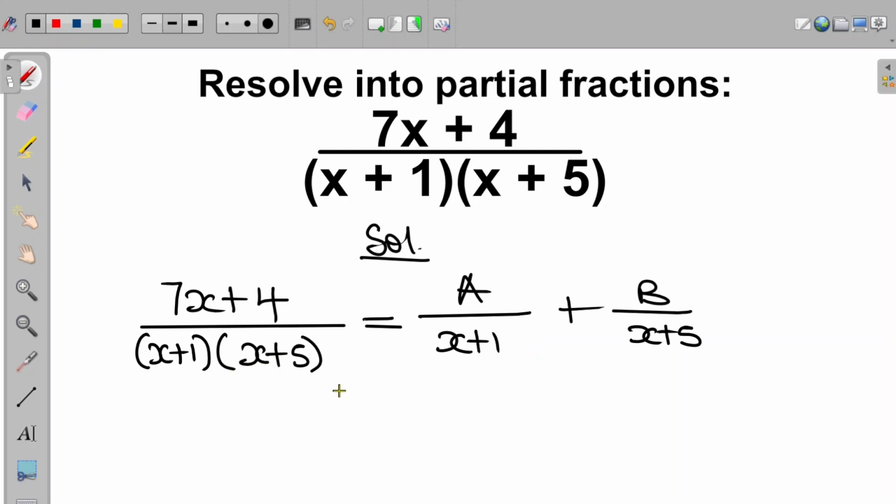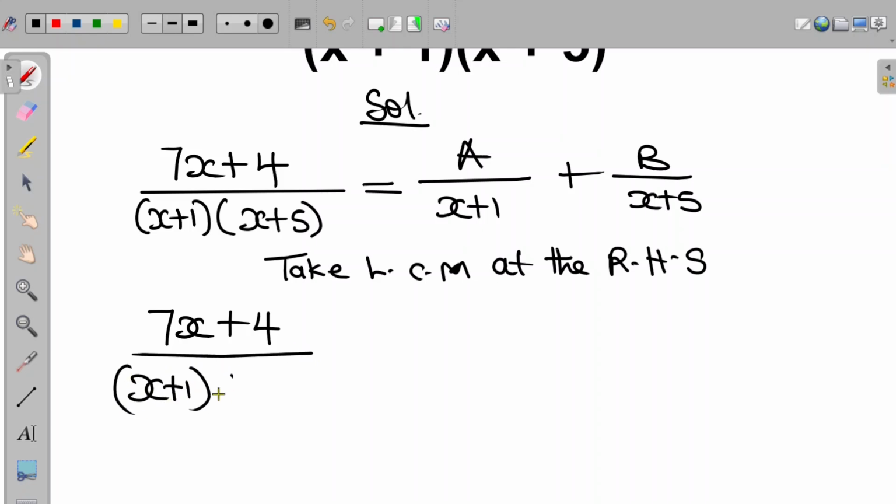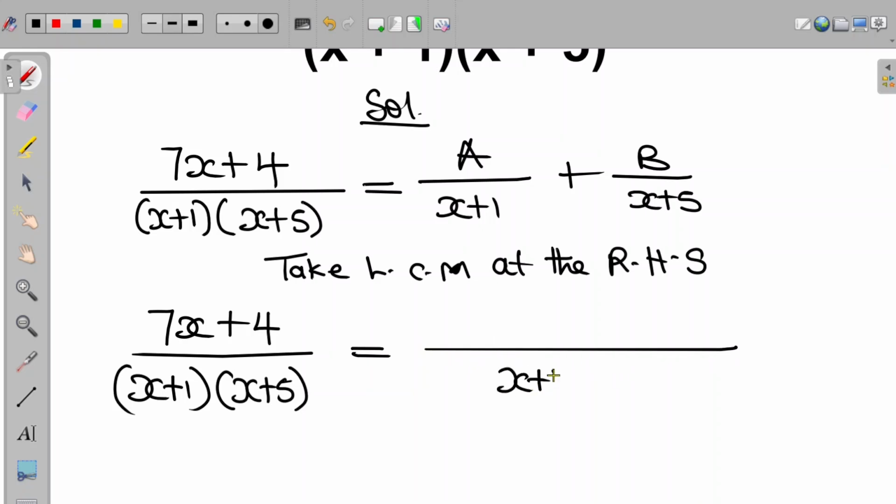So the first step here to obtain the values of A and B is to take the LCM at the right hand side. So therefore we have 7x + 4 divided by (x + 1)(x + 5) equal to, if we take LCM, (x + 1)(x + 5).